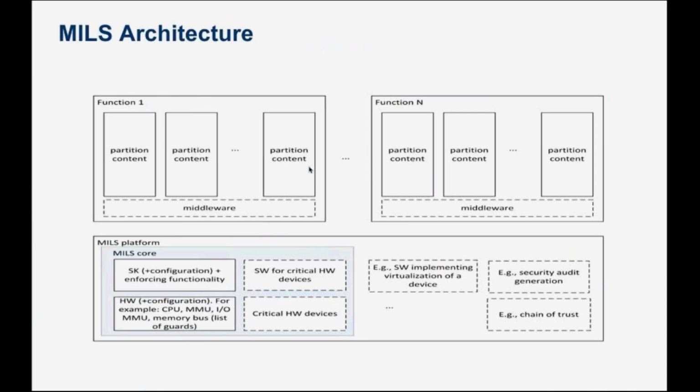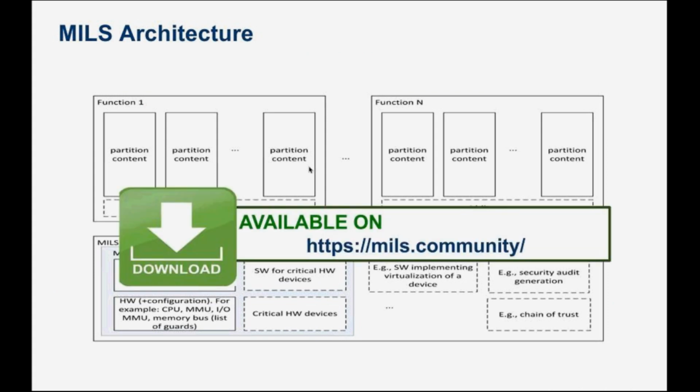To help you build this kind of architecture, there are templates available. You can download them for free from the MILS community website. These are useful so that you don't forget any of the steps. You have all the things and checklists available there to help you architect a system in this way.